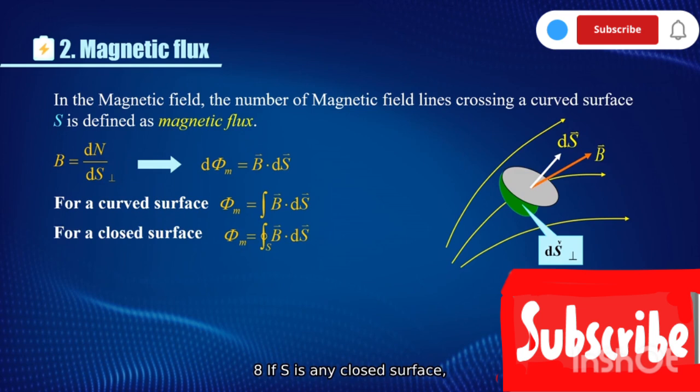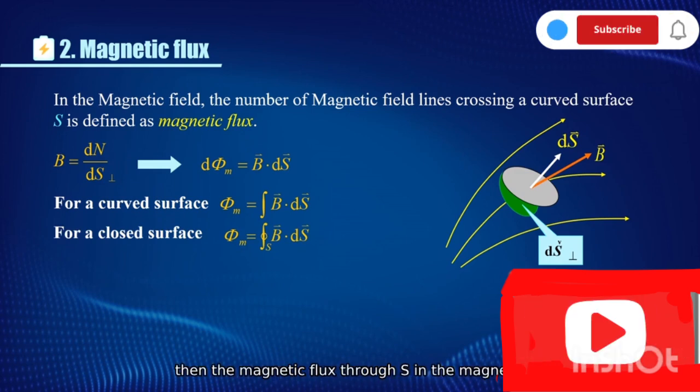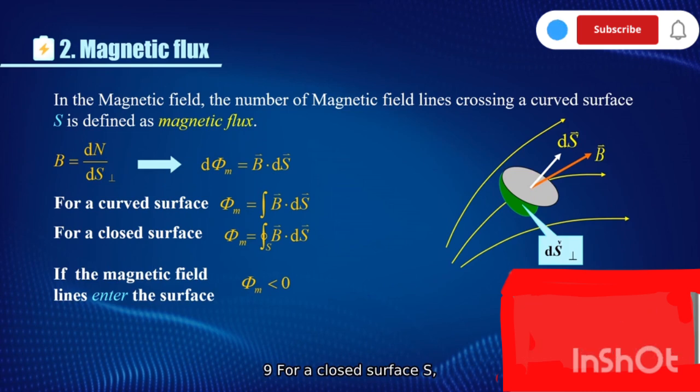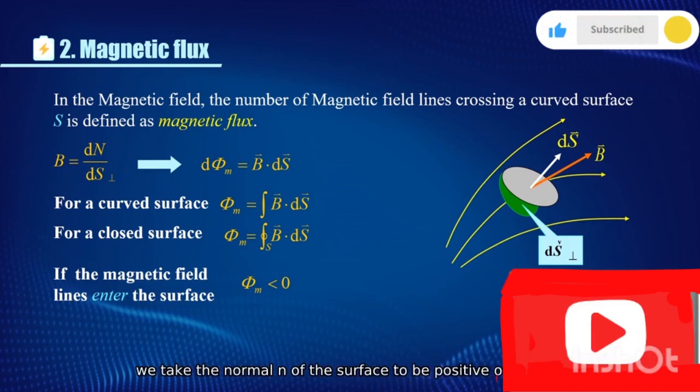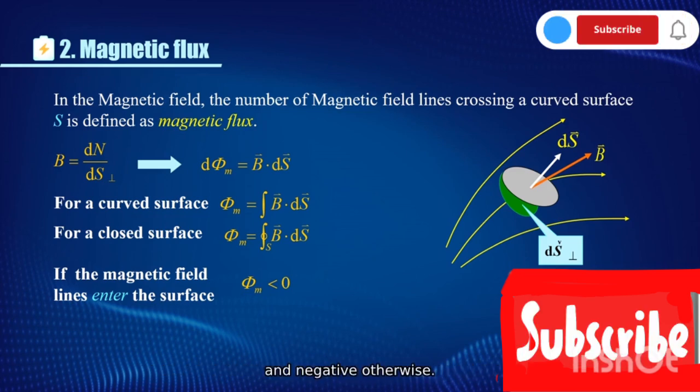If S is any closed surface, then the magnetic flux through S in the magnetic field is a closed surface integral. For a closed surface S, we take the normal n of the surface to be positive outwards.